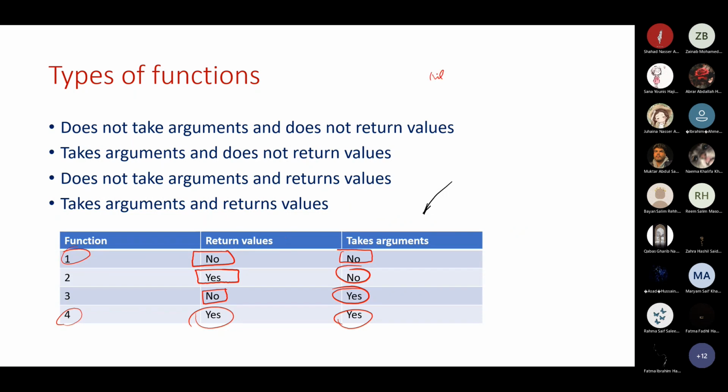We say integer sqr of integer x and return x times x. So in this case, it takes an argument, takes x, and returns a value. All right. So these are the main four types of functions.